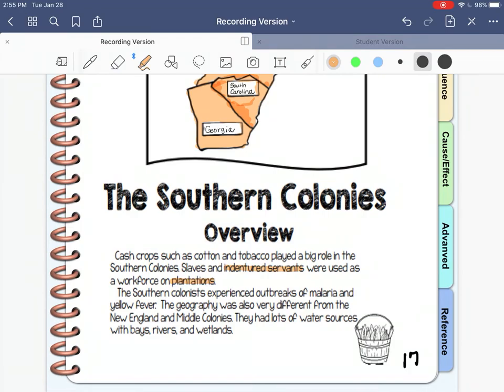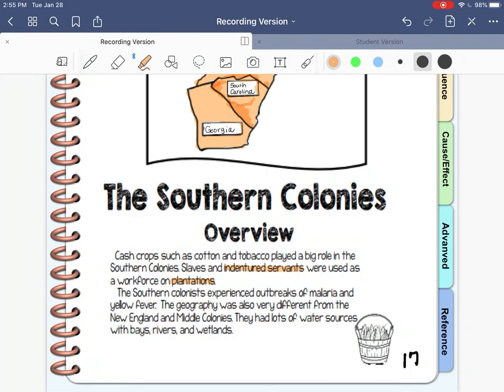Plantations are those large farms where tobacco and cotton were grown. Very enormous amounts of land were used to grow these cash crops. There was a lot of money in cotton and tobacco, and also in ink. Some plantations grew ink, or even some grew other crops that they could sell for money back in England or back in Europe.